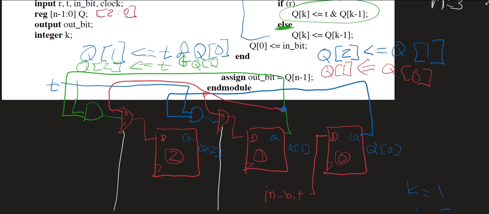And then I have out bit equals Qn minus 1. So n was 3, n minus 1 is 2, so out bit equals Q2, and I'll call that out bit.